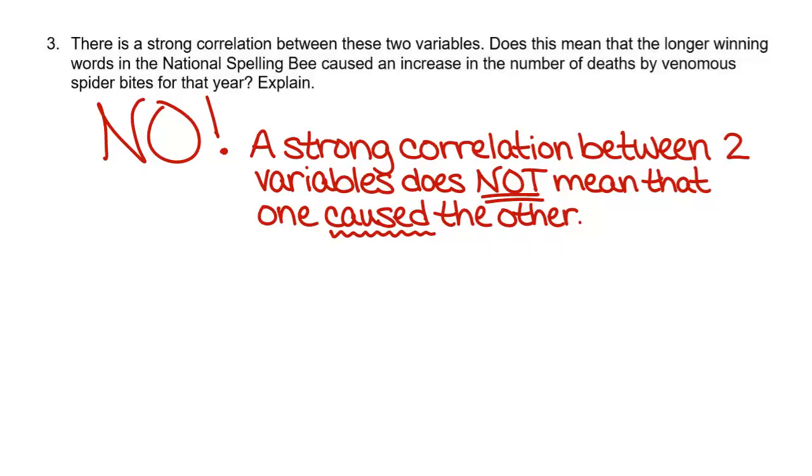Now, if you somehow end up with a correlation of exactly 1, it still does not show causation, because there could be something that is causing both of these things that you see the correlation with. There could be some third reason that is the cause for both of them.